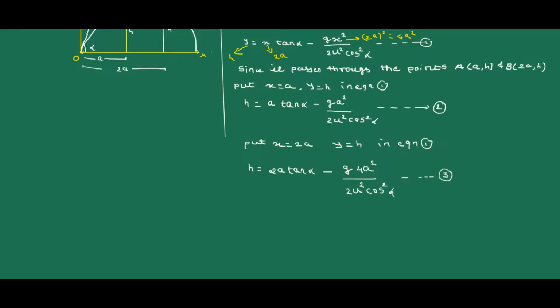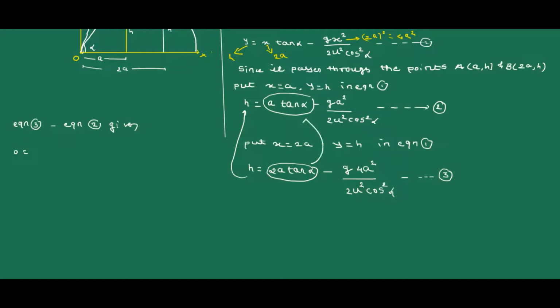Now next, equation 3 minus equation 2 gives. So here I will write this h minus this h is equal to 0, is equal to this 2a tan alpha minus this a tan alpha.